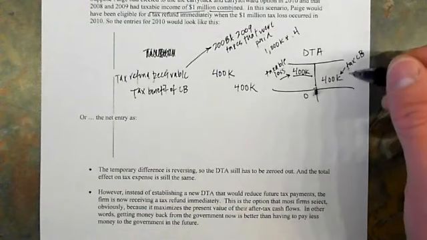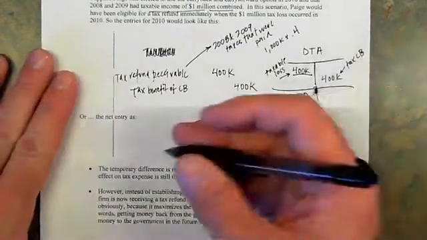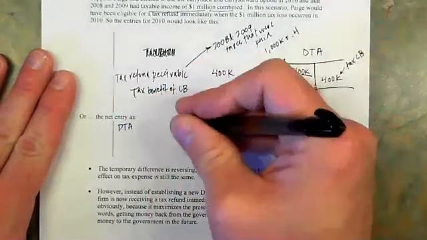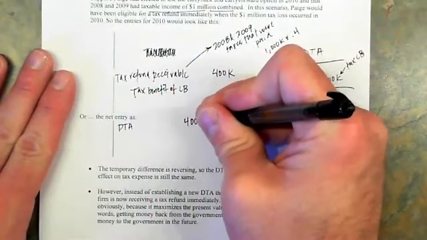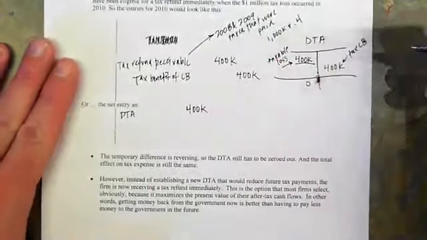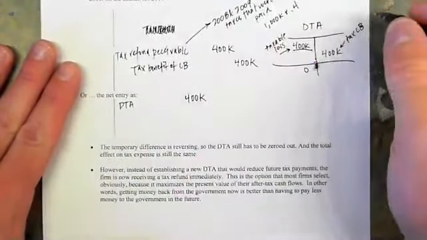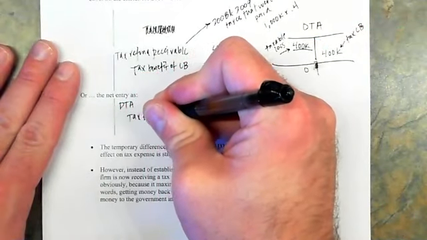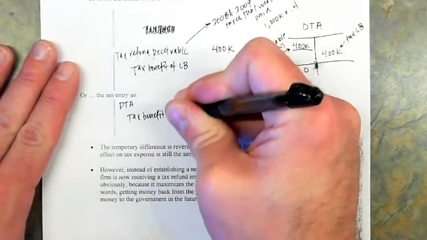If you're really curious about what happened here, we create the DTA of $400,000 in two steps. We create the DTA of $400,000. That is a tax benefit of a carryback.